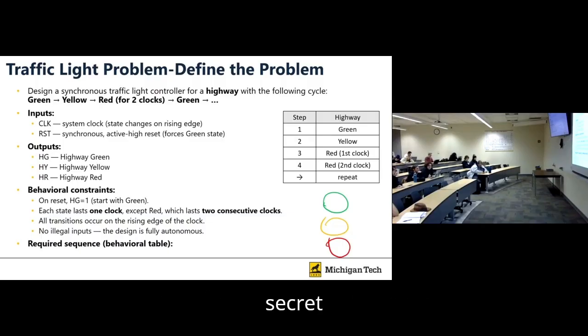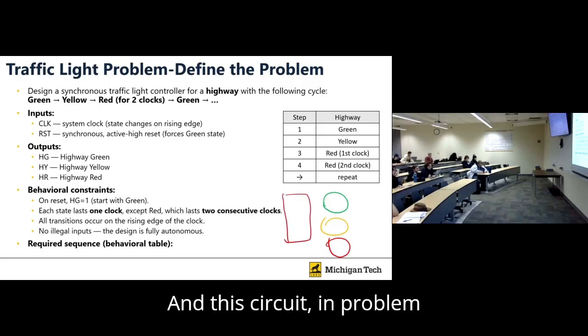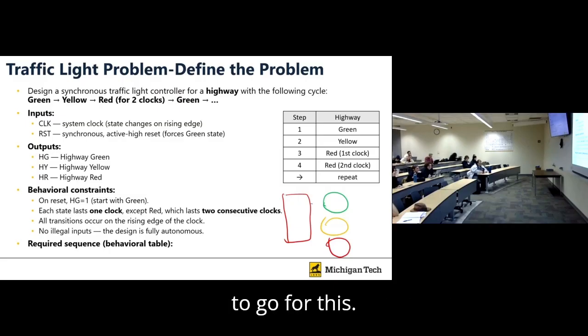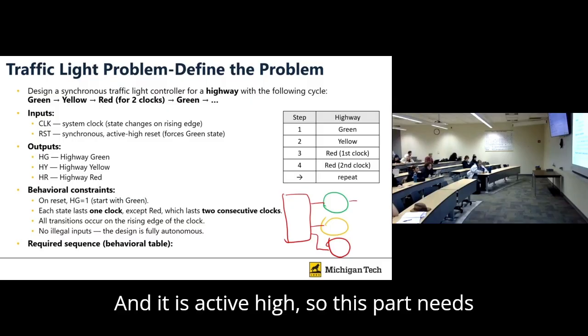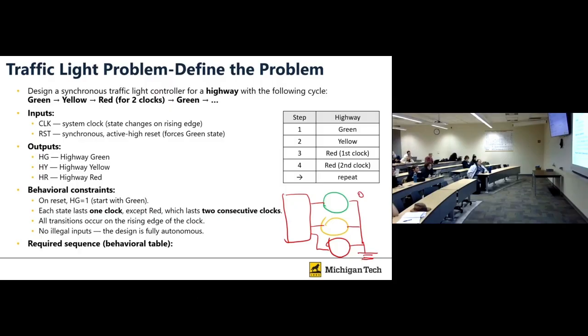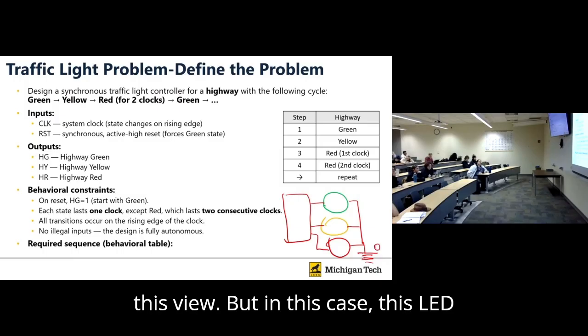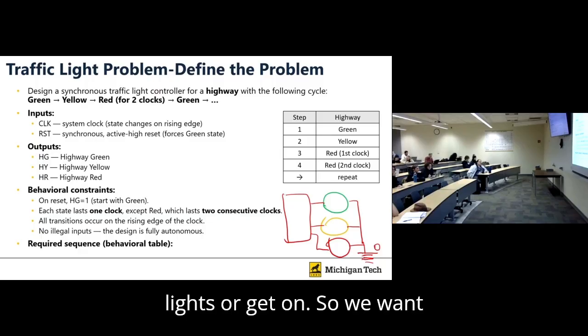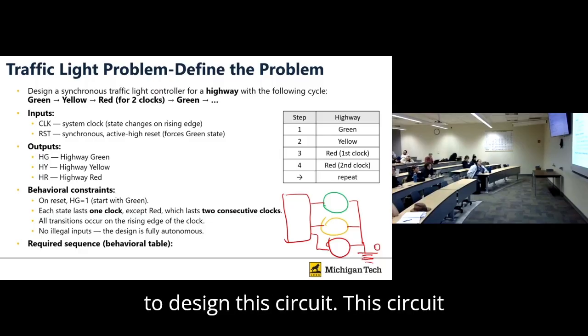You need to design a circuit, and in the problem definition, you need to specify inputs and outputs. The outputs go to the LEDs and are active high, so the other side needs to connect to the ground. So in this case, this LED needs to be one to get light or get on.